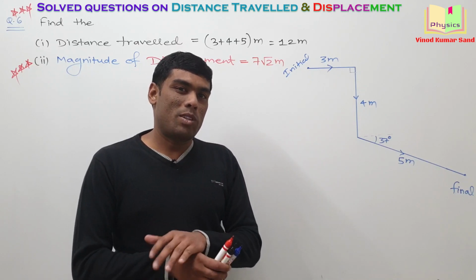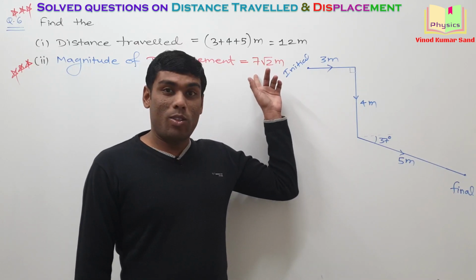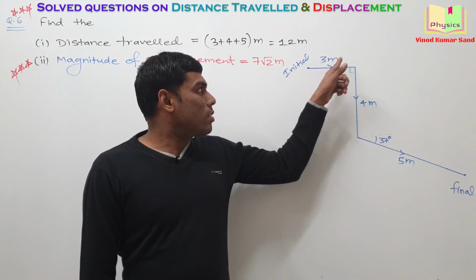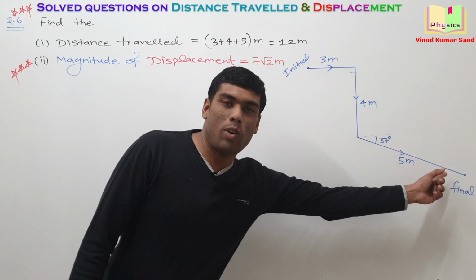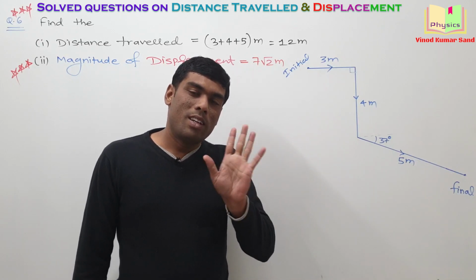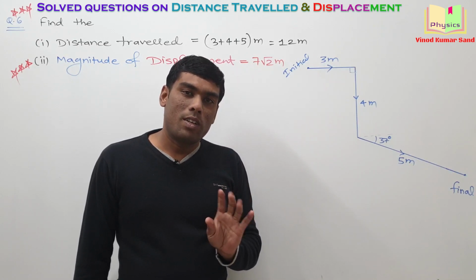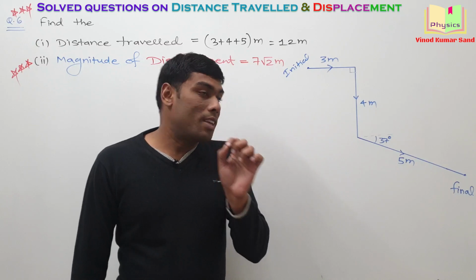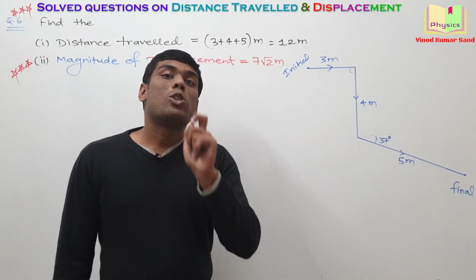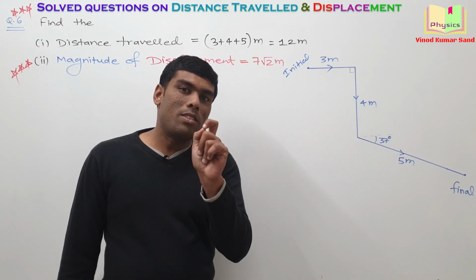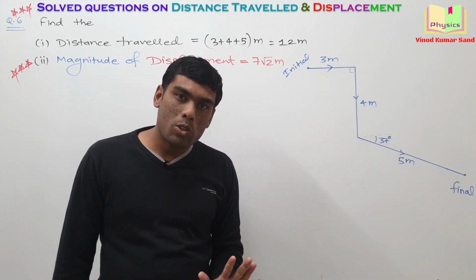First, I'll talk about that 10 meter thought. Few people think 3 and 4, and then Pythagoras theorem, this is 5 meter, that is 5 meter, and then 10 meter. That's not the concept. The concept says the magnitude of displacement is what? Shortest distance between the initial and final position.